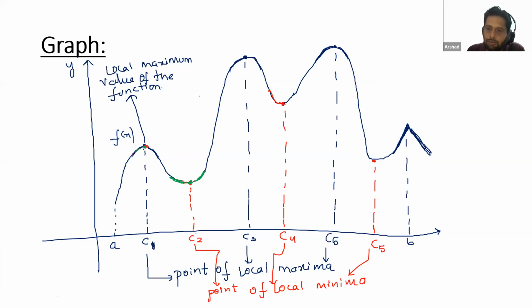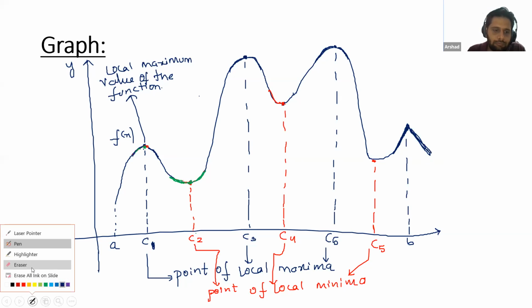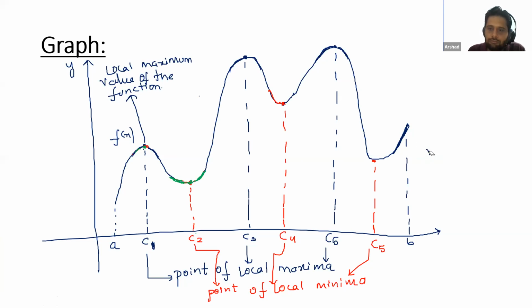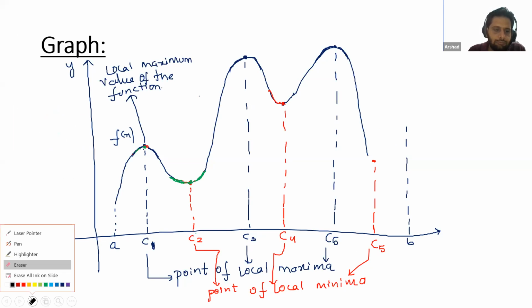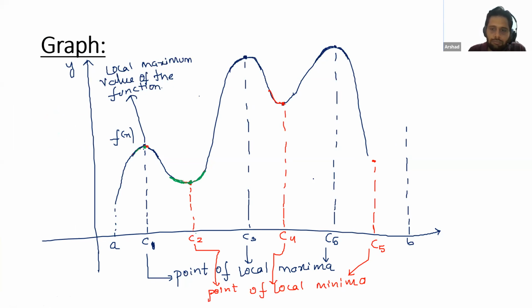I will write B here. The graph is like this. And at this one, I have drawn a corner. This is a corner point.